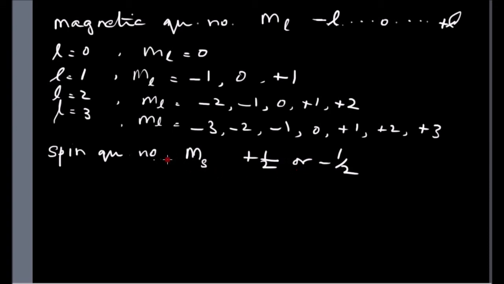As I told you earlier, the first three quantum numbers, principal, azimuthal and magnetic, belong to the orbital. Spin quantum number belongs to the electron, but all the four numbers together give the complete address of the electron. That is, the electron assumes the first three quantum numbers from the orbital and the fourth quantum number depending on its spin.